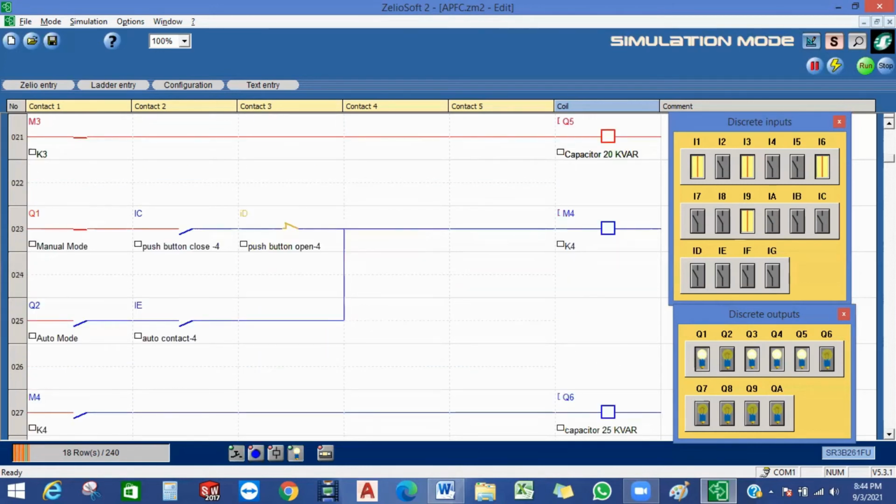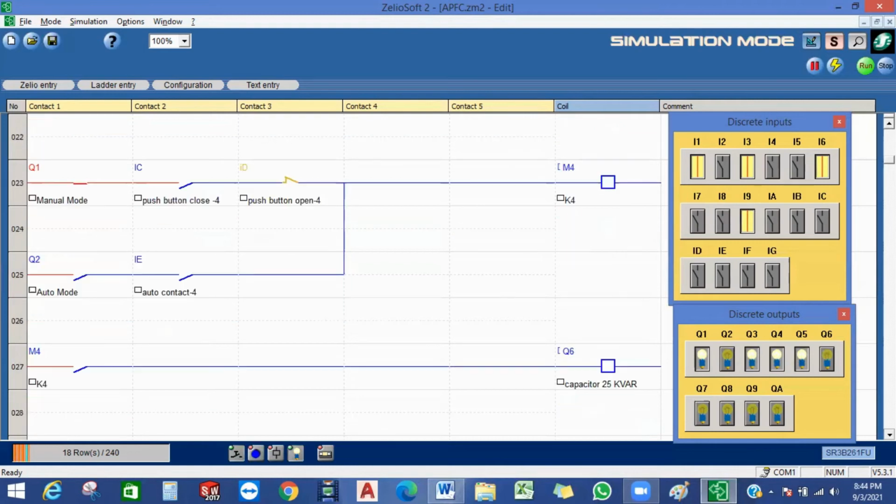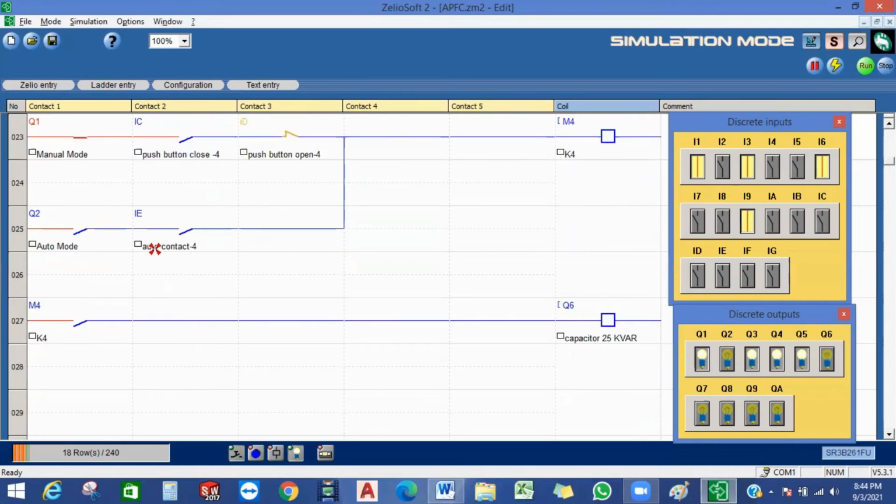Now coming to the fourth stage, this is the one using K4 and K1. So now all the capacitors are on in manual mode. Now I will switch off one by one.